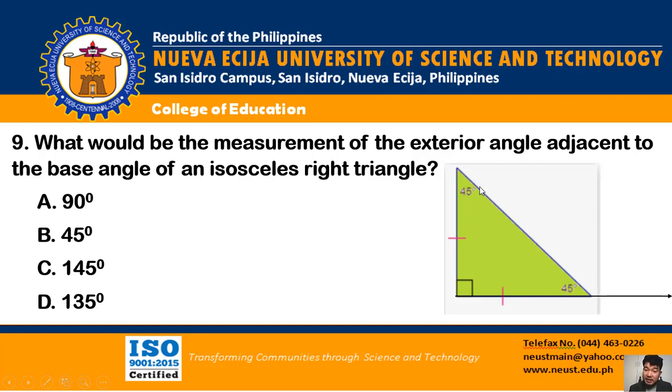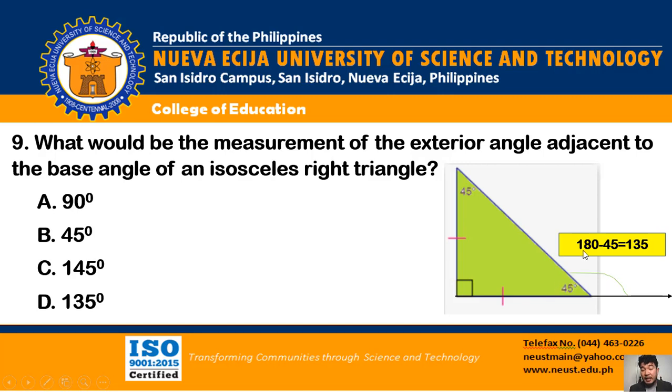Actually, this is the base of this isosceles right triangle, and this is the vertex. Okay, the right angle is the vertex of this right triangle. If you extend this line, you will be forming the exterior angle adjacent to the base angle. And if this is 45 degrees, then the measurement of this angle would be 180 minus 45, and that is equal to 135. 180 because these two angles, the exterior angle and the base angle, are linear pairs.